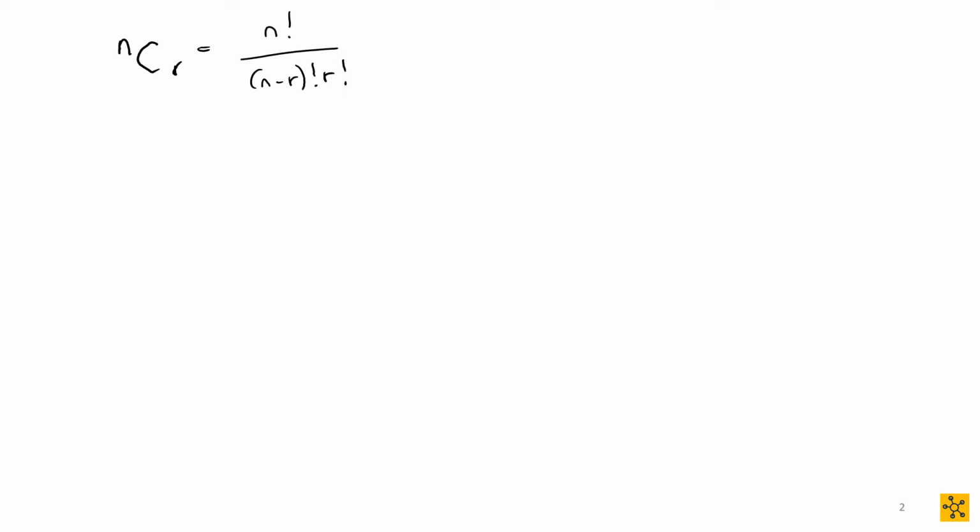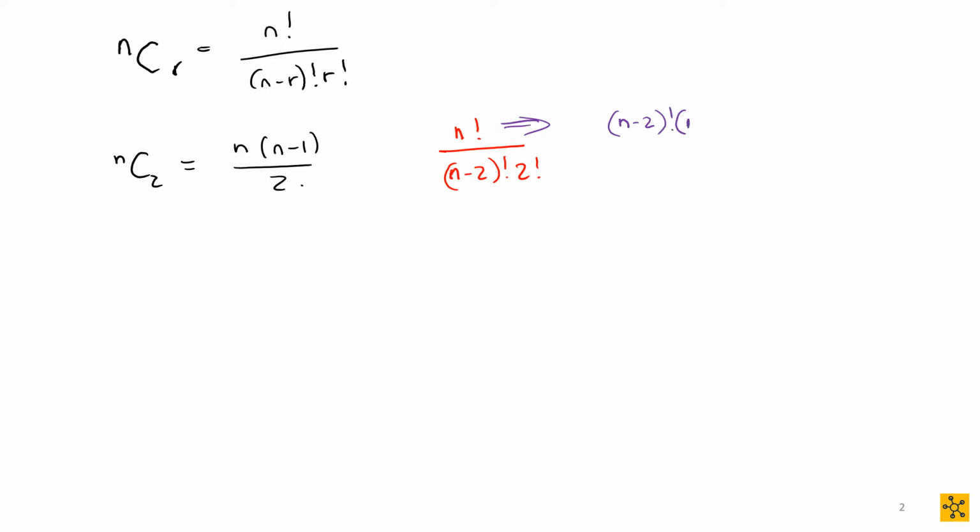So if we look at nC2, it is just going to be n(n minus 1) divided by 2. More specifically, when we put it in, we have n factorial over (n minus 2) factorial times 2 factorial, and we can rewrite our n factorial as (n minus 2) factorial times (n minus 1) times n.